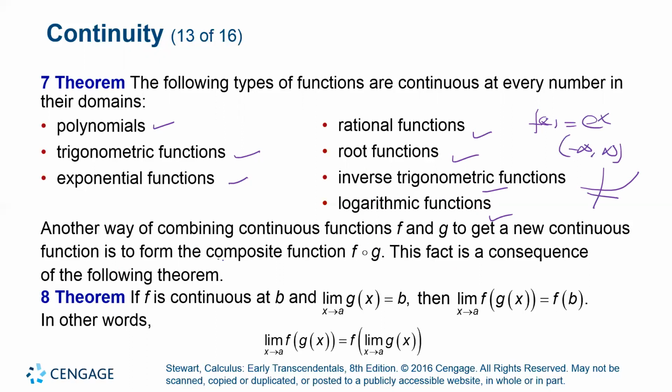The next one is about composite functions. It's saying that if a function f is continuous at b, and the limit as x approaches a of g(x) is also equal to b, then we can say that the composite function is continuous, because the limit as x approaches a of the composite function f of g is equal to f of b.